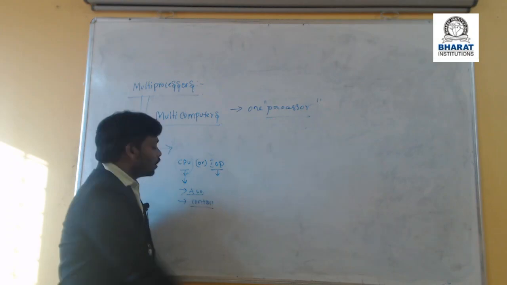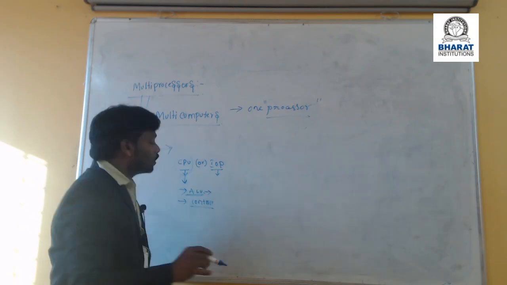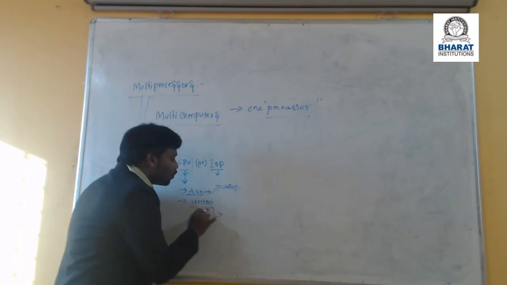The arithmetic logic unit acts as an execution unit, so it is called the data processing unit. The next one is the control unit. What is the role of the control unit?